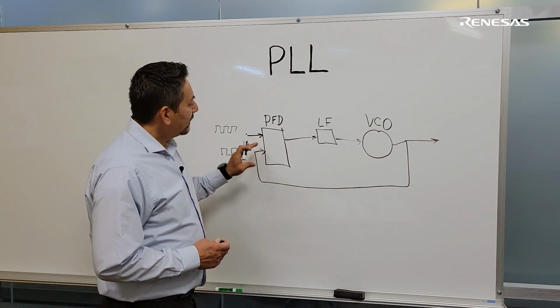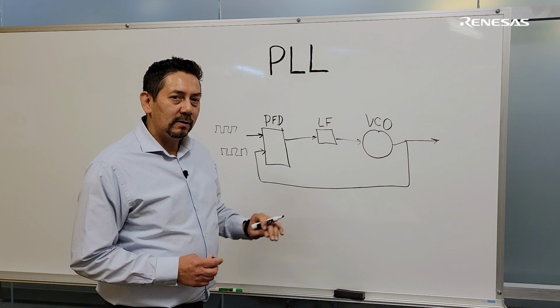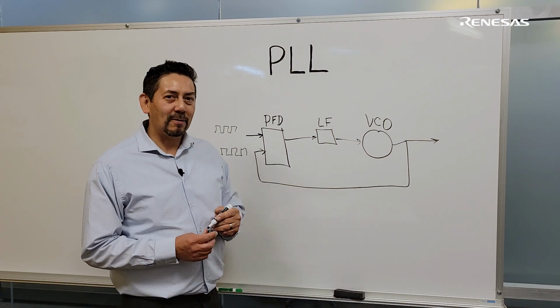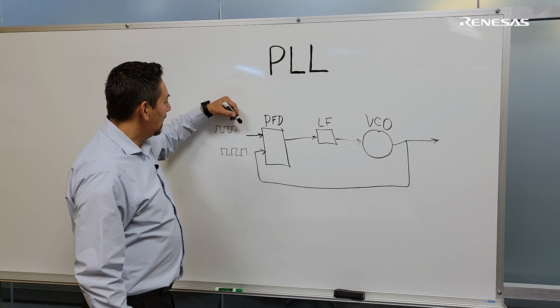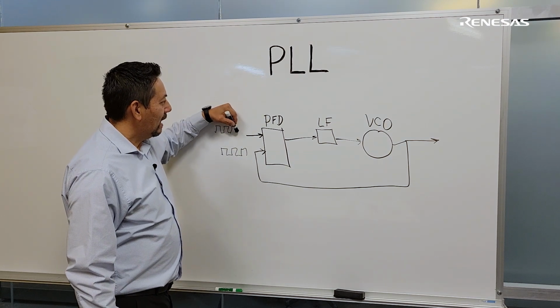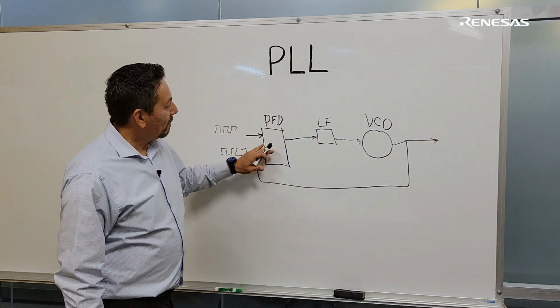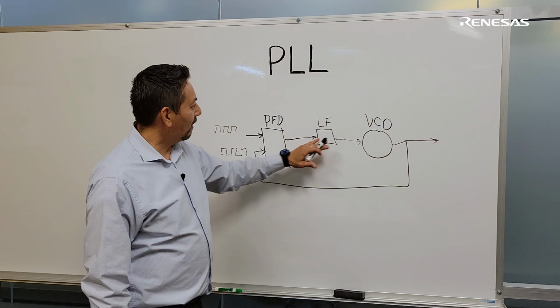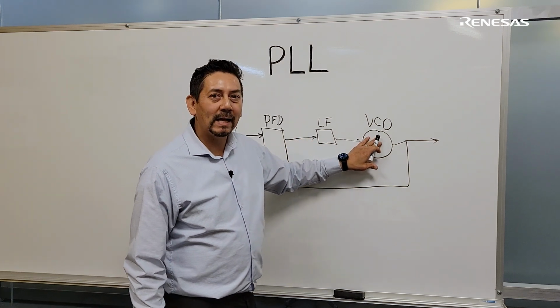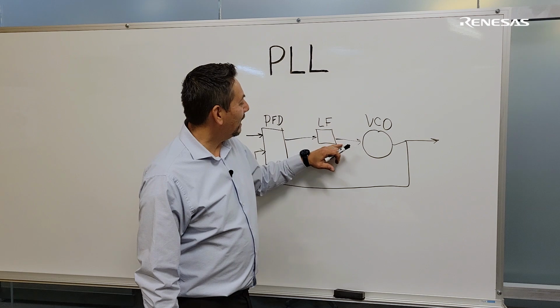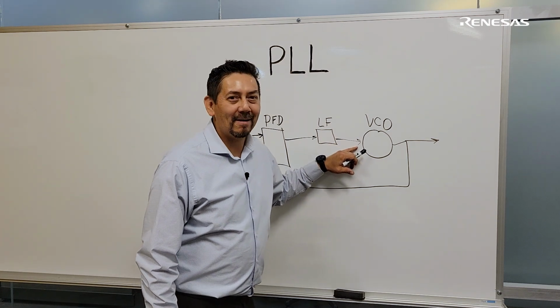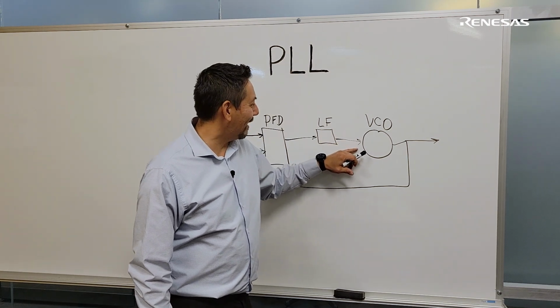Now, this operates very similar to the cruise control in your car. When you set the cruise control, you set a certain speed. Your car is constantly monitoring how fast you're going. We can think of the VCO as being the motor. And so if we need to speed up, we increase or press on the gas pedal, right?